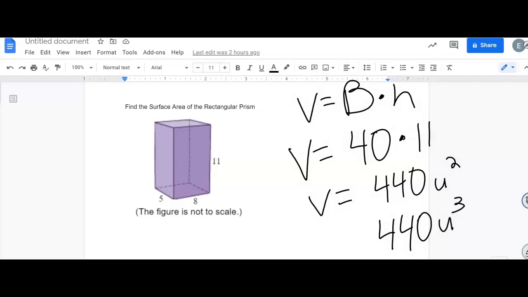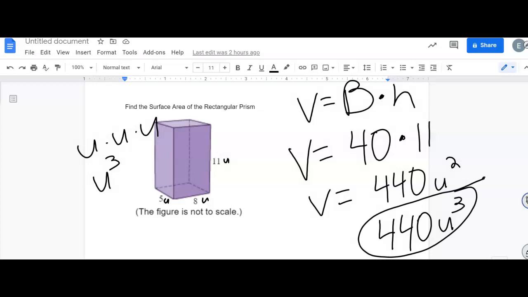Because it's length times width times height. It can be length units times the width units times the height units, units times units times units, gives you units cubed. Okay? All right, so this is the correct answer.